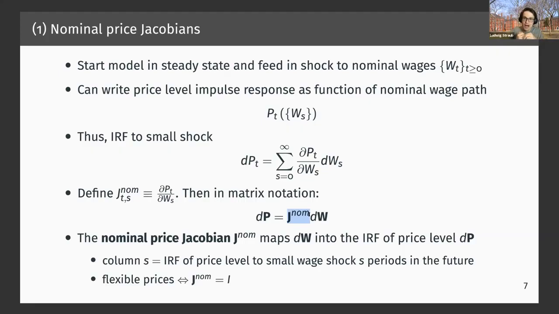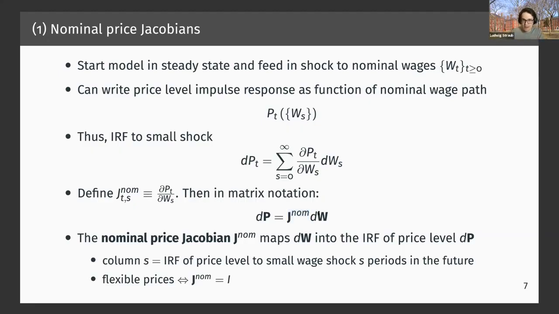Now I can get the second column by feeding in a shock to nominal wages at date 1. And again, I compute the price level over time, and that I would use as the second column. And so, column by column, I can figure out exactly what these price level responses are to nominal wage shocks at different dates, and that gives me this J norm.